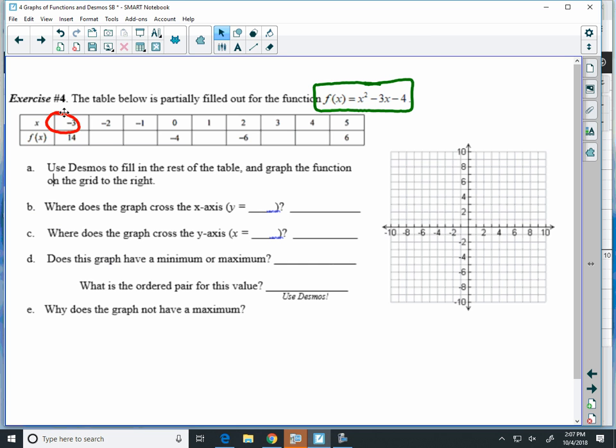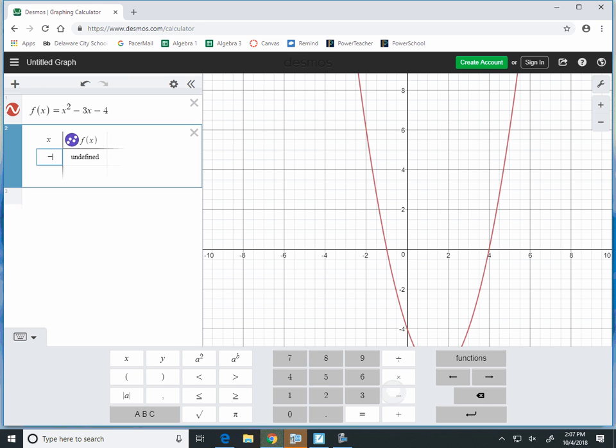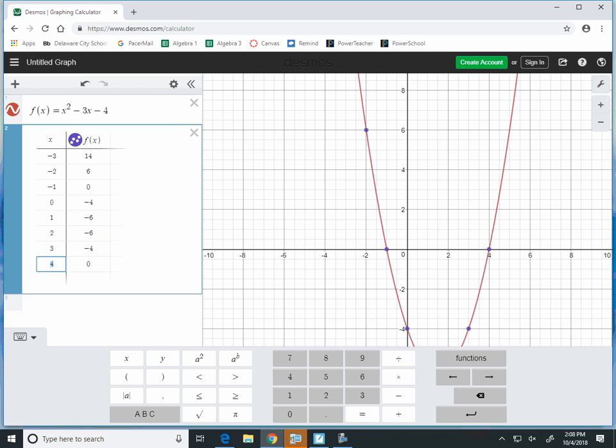So go ahead and enter -3. Okay, what do you notice? Yeah, it tells you the y value. Now here's what's cool. Hit enter and then type in -2 and then hit enter a few more times. It'll just keep adding the numbers for you. Pretty cool, right? Go ahead and fill in your table. So fill in that table on your notes.